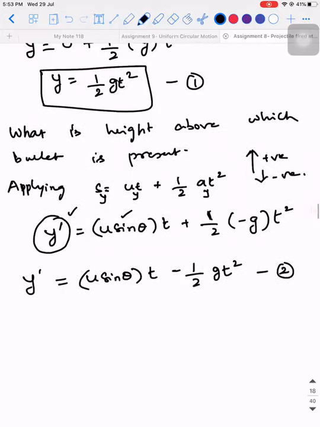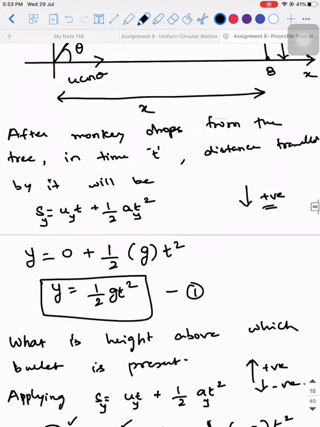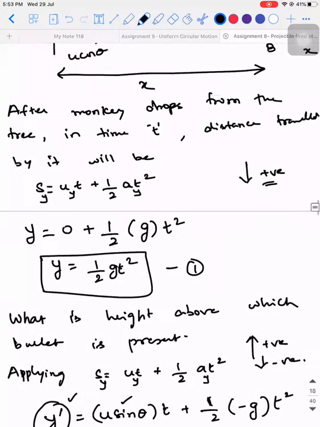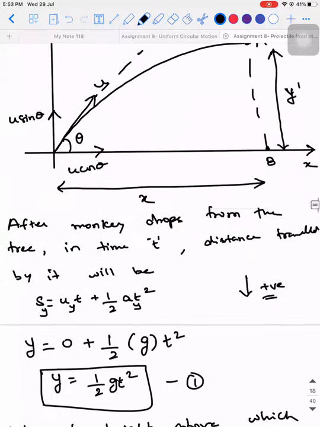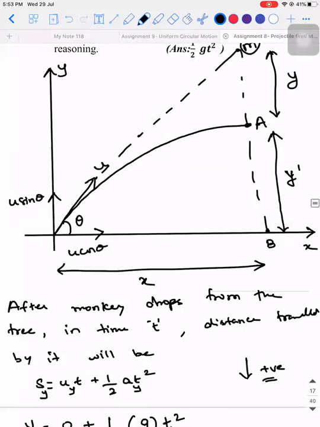Is there any conceptual doubt that you have? Is there any doubt, guys? I want to know. No, sir. It's clear, right? So I'm solving the problem from two perspectives. What are the two objects that are present? One is the monkey and the second is the hunter's bullet.